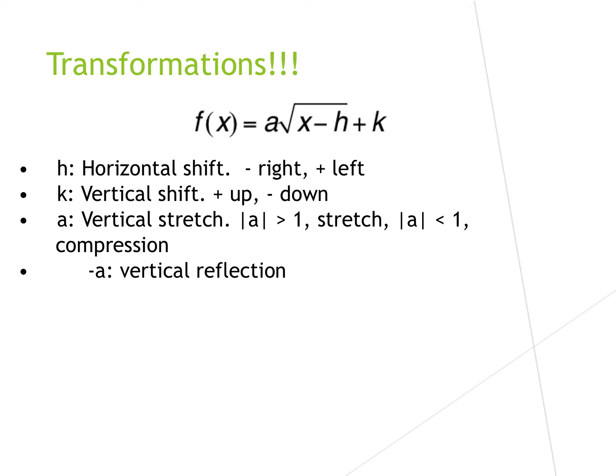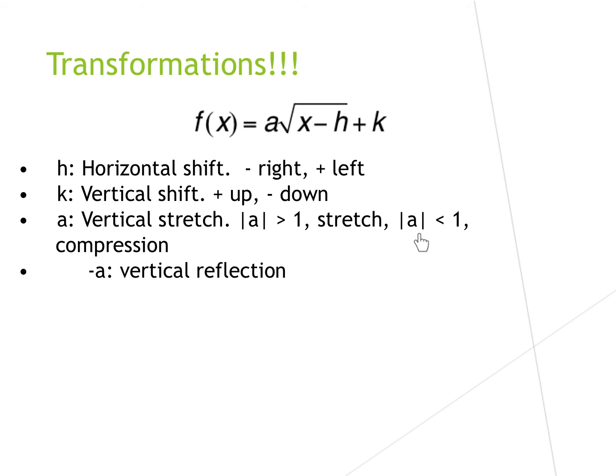The next is a vertical stretch or compression. So this number in front, when you're multiplying by a number, that either stretches or compresses the graph. If this number is greater than 1, it's going to stretch, which makes sense. If you multiply something by a number bigger than 1, that result will be bigger.